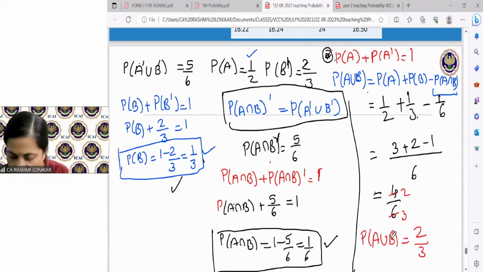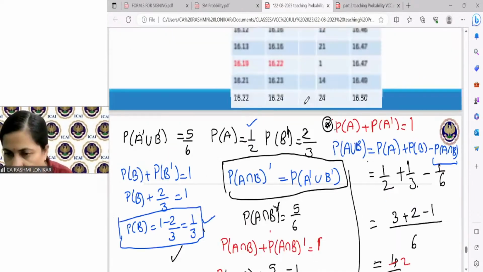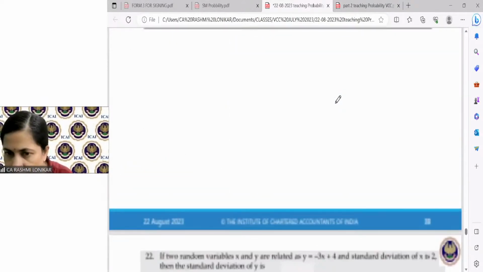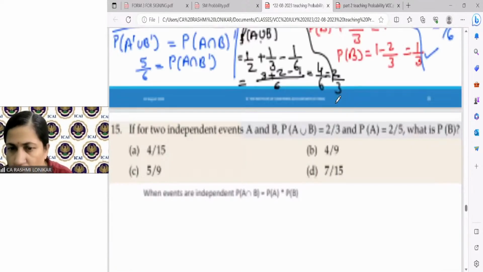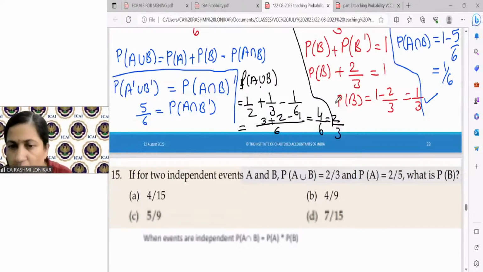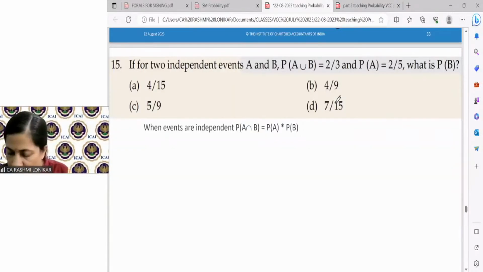Yeah, wonderful. Okay, next sum. Yes, Om. Now, crystal clear. Tina, you've understood? Anand, Sakshi, Vaidehi? Extremely happy about that.